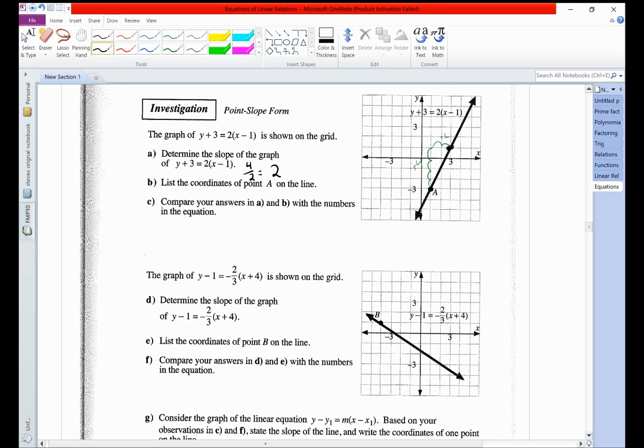List the coordinates of point A on the line. Point A is at x is 1, y is negative 3. So 1, negative 3. Then it says compare your answers in A and B with the numbers in the equation. Our equation is y plus 3 is equal to 2 times x minus 1.